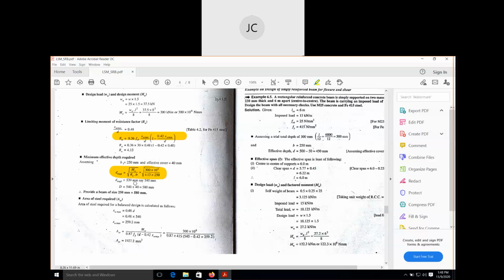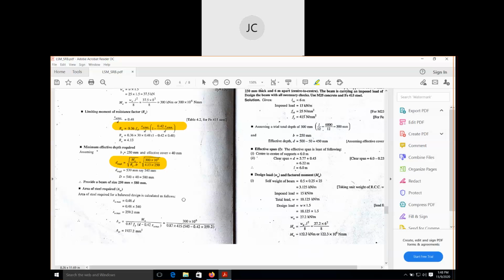Next, after calculating, we add the effective cover to this value to get the total depth of the beam. Therefore the size of the beam will be 250 into 580, which is our total depth. Next we have to find the area of steel. First we will find Xu. Xu equal to 0.48 into d from this equation.